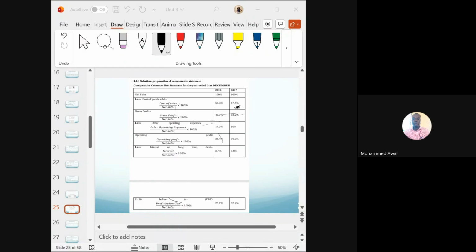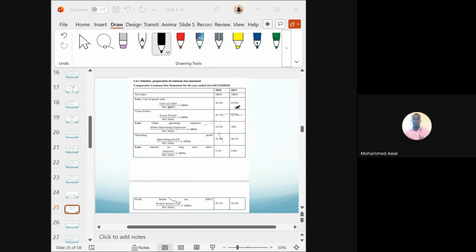Madam, Mumuni just threw a question on both the gross cost of goods sold, that is cost of sales, relating it to other operating expenses.